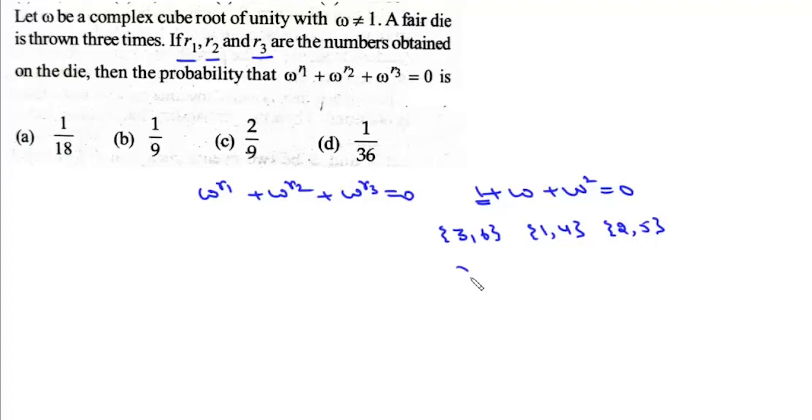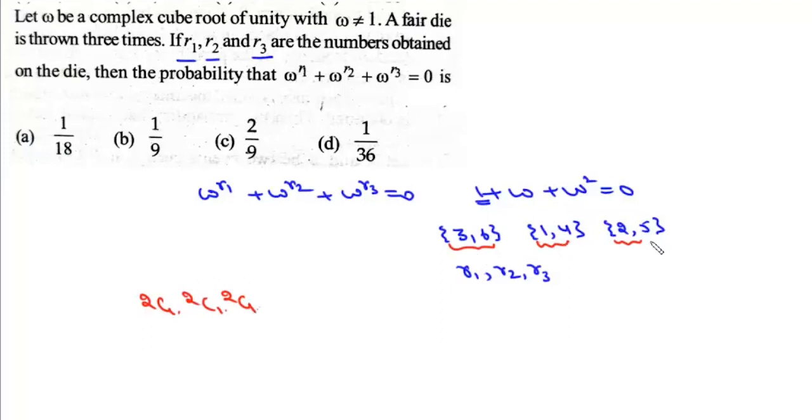So that means for R1, R2 and R3, we have to choose one number from this set, one number from this other set, and one number from this third set. So from the first one, we can choose one number in 2C1 ways. For the second, it will be 2C1, and for the third, it is 2C1.